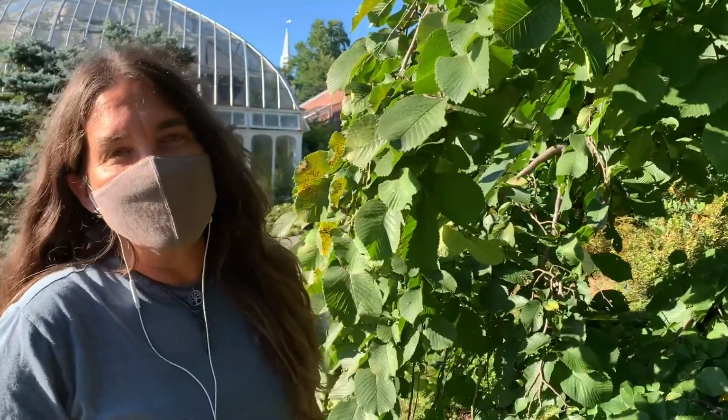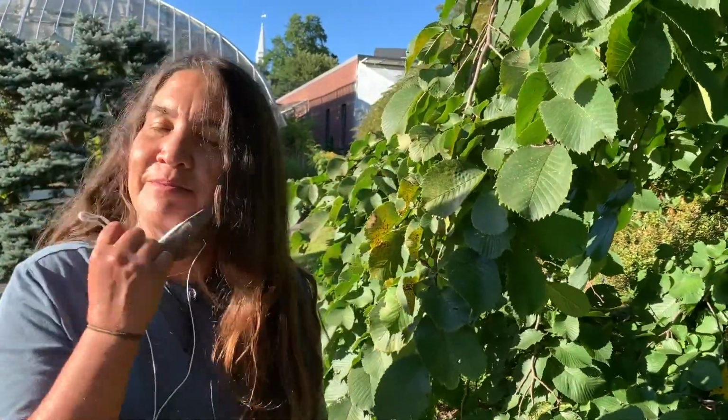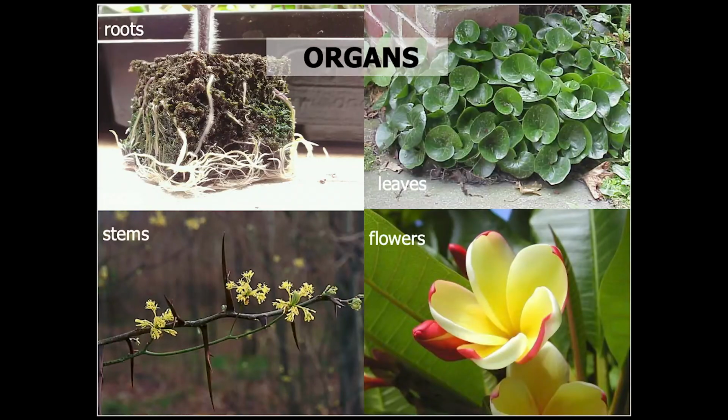Okay, so when we think about a plant, we're going to talk about a plant in terms of organs. And you know those things. What are the organs of a plant? Leaf, stem, flower, root. All those things should make sense to you. So let's talk a little bit about how a plant emerges.